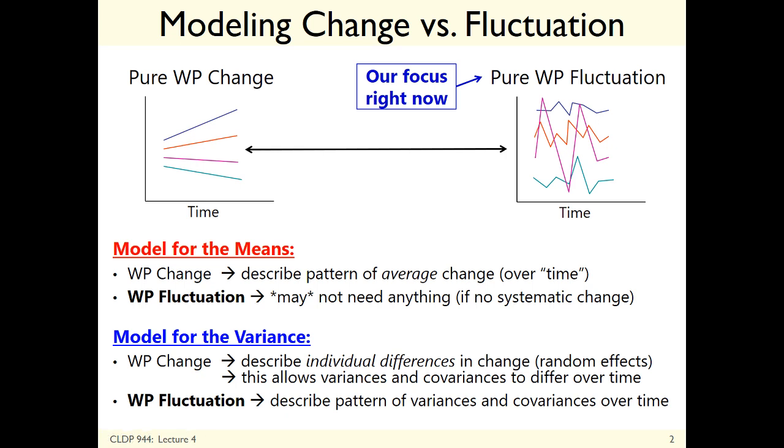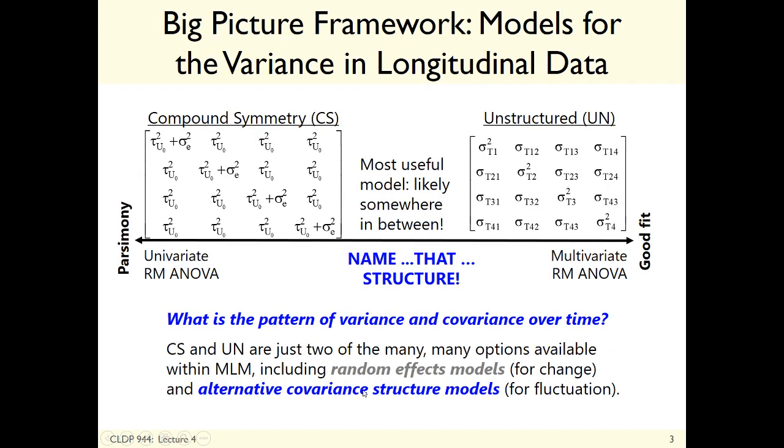If you don't have systematic change, if people aren't heading up and down or one or the other, you don't need to have fixed effects of time. Fixed effects of time predict change on average. If you don't have that, you may not need any terms for time in the model for the means. But we do still have to worry about the model for the variance, and that's what this is focused on.